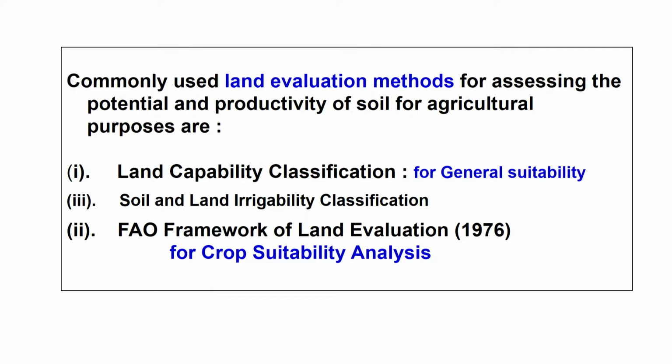That's why we find out the land irrigability classification. And the third method is the FAO framework of land evaluation, which is used internationally throughout the world for crop suitability analysis. This framework is used to assess the potential of soil for identifying which crop we can grow.